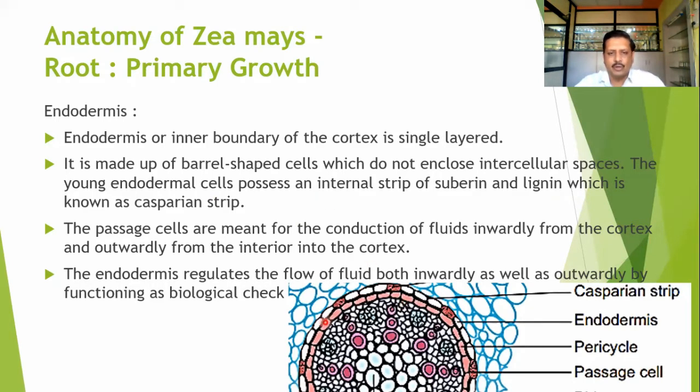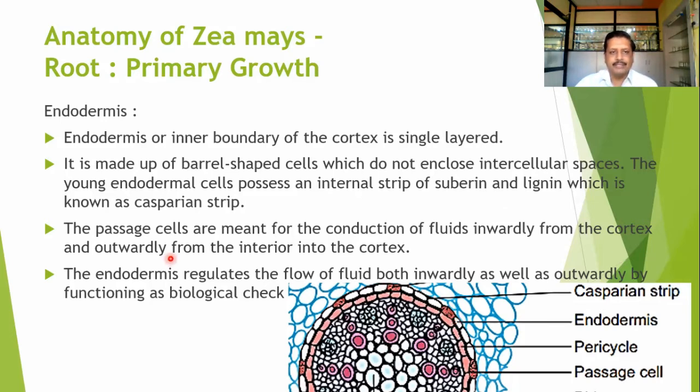Means these are compact cells actually, compact barrel-shaped cells without intercellular spaces. The young endodermal cells possess an internal strip of suberin and lignin, which is known as the Casparian strip. These lignin-filled structures are known as the Casparian strips.